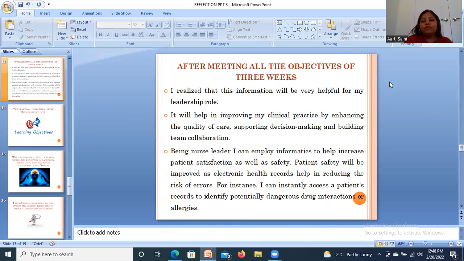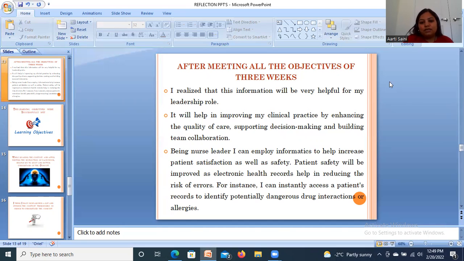So after meeting all the objectives of 3 weeks, I realized that this information is very much helpful for the leadership role, and it will help in improving my clinical practice by enhancing the quality of care, supporting decision making, and also collaboration. It will enhance the collaboration in the team.